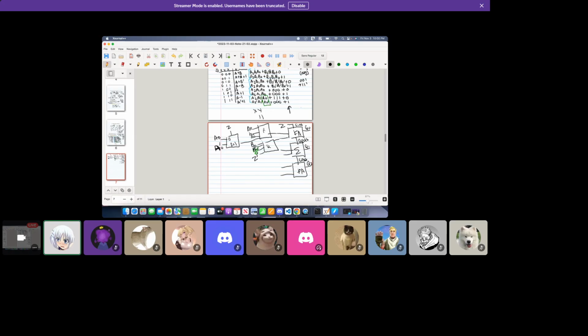Why I'm thinking this is because when Z is 0, when it's 1, 1, this end will be activated since X and Y is equal to 1, 1. That means 3 will be activated.